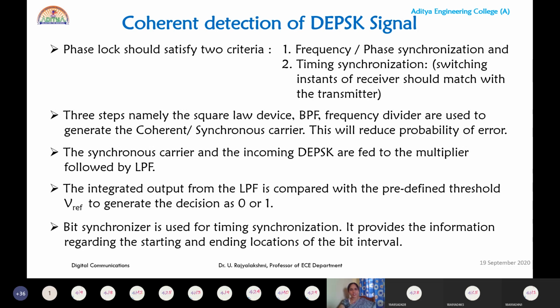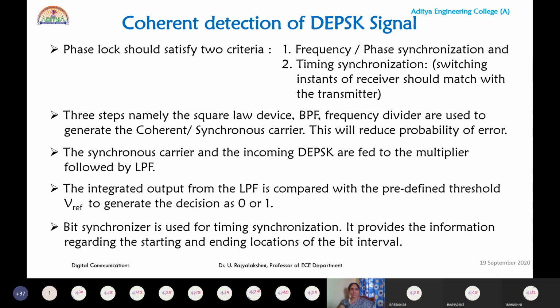Already we discussed all these points in the BPSK receiver. The output of the multiplier is fed to the low pass filter and also to the bit synchronizer. The bit synchronizer generates a series of pulse train. The low pass filter performs integration only for the bit duration, so the two switches S1 and S2 will be made open during that time.